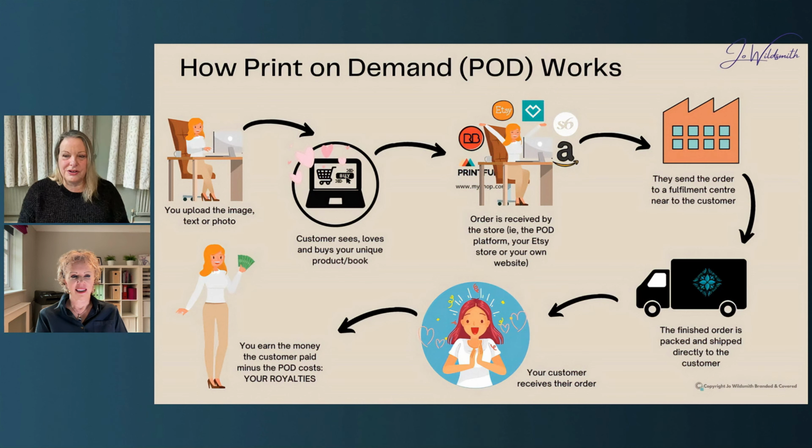You can share the links to your products, and you can do posts about them in social media, for example, or you can order them yourselves. And you can also link to them in your description. So the customer sees it, they love it, and they buy it. They click that magic button to buy it. Yay, you've received an order.